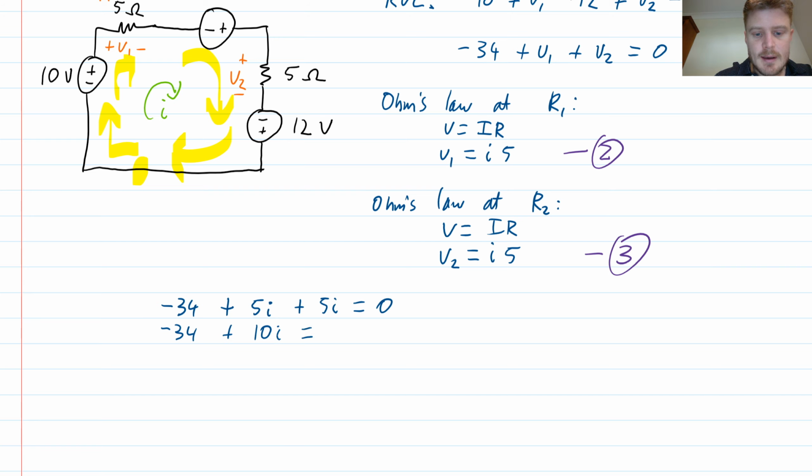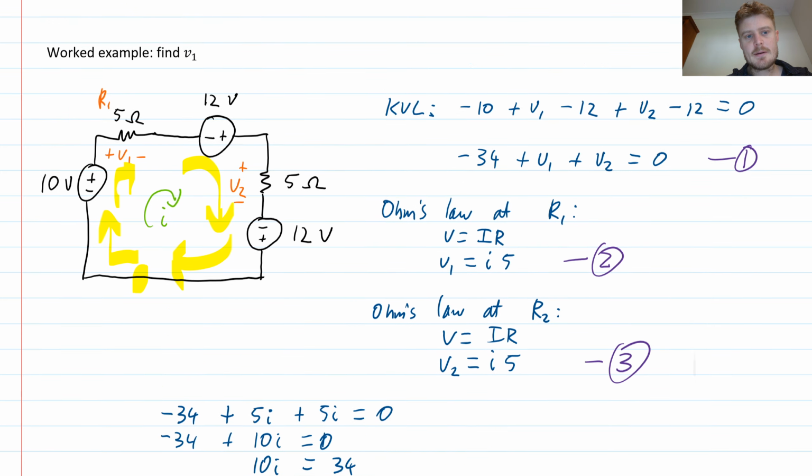That would be 10I equals 34. I is 34 divided by 10 equals 3.4 amps.